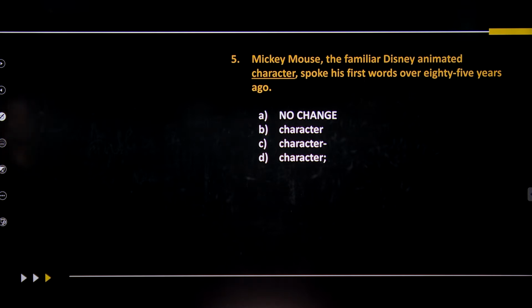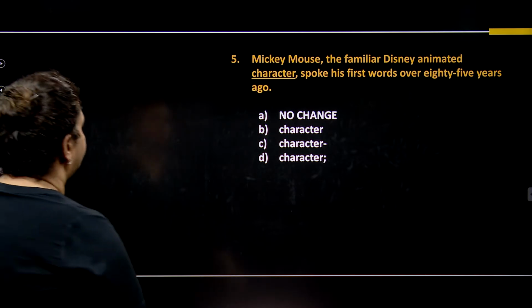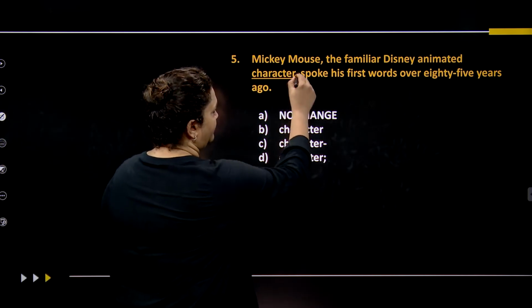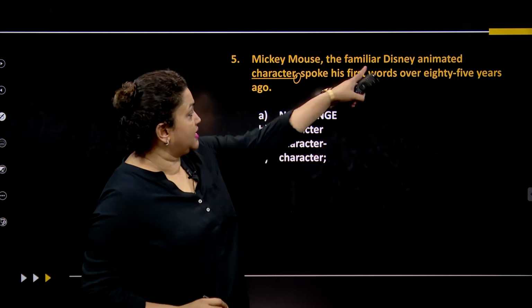What should be the answer? Can we go with a comma? We need a comma here because this is an aside.